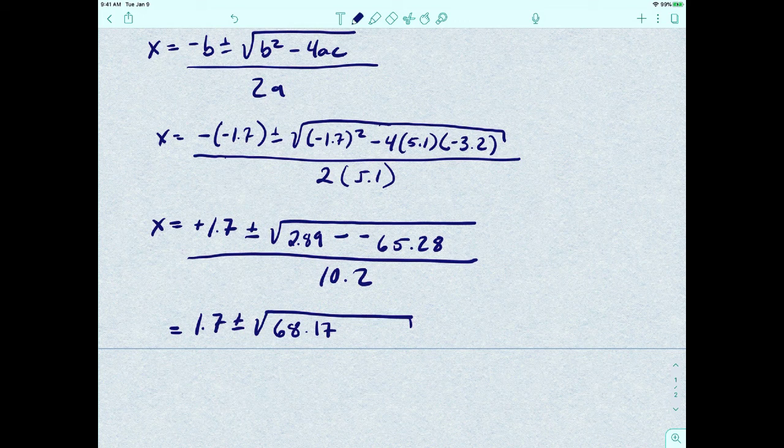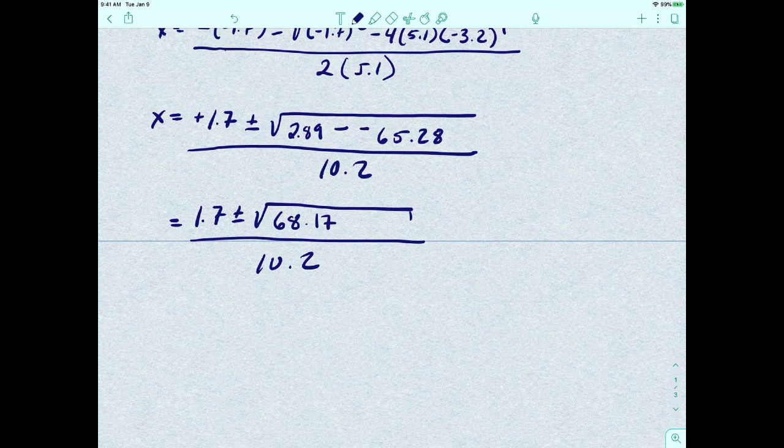So that's what's inside the radical divided by 10.2. The last thing to do is to actually take that square root of 68.17, and that square root will be 8.2565. So let's make that 8.257.